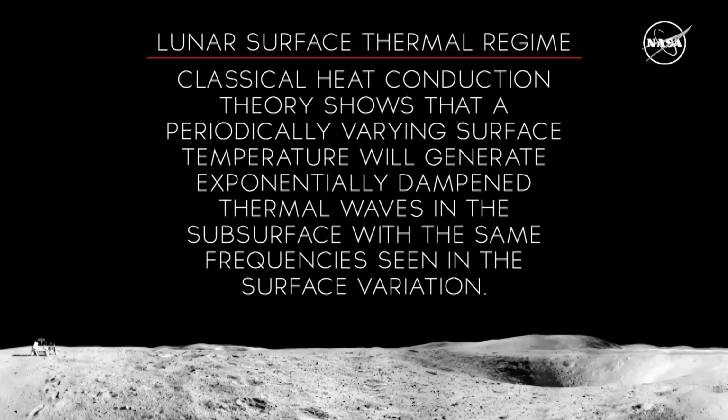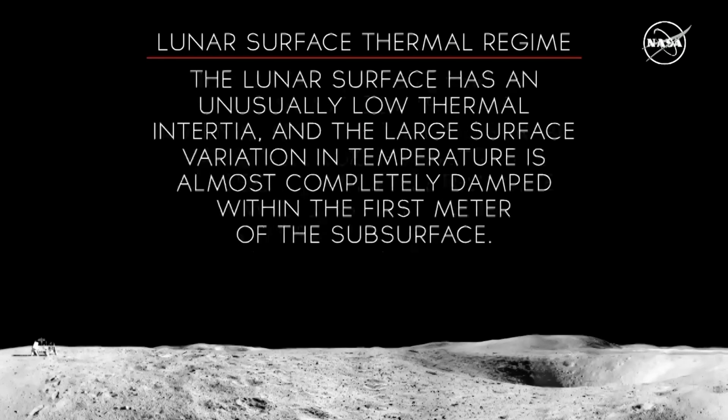So that as you go down into the surface, the temperature variations around some sort of mean value get quite small rather quickly. And on the moon, the thermal inertia is quite low, and that means that as you go deeper into the surface, the thermal wave and the temperature wave that you see on the surface becomes muted so that the amplitudes vary only a little bit and around a mean.